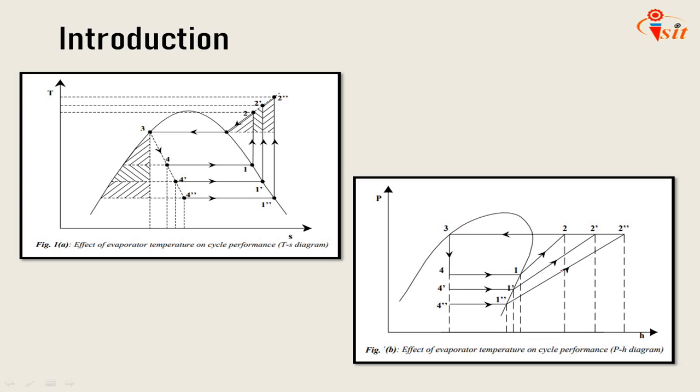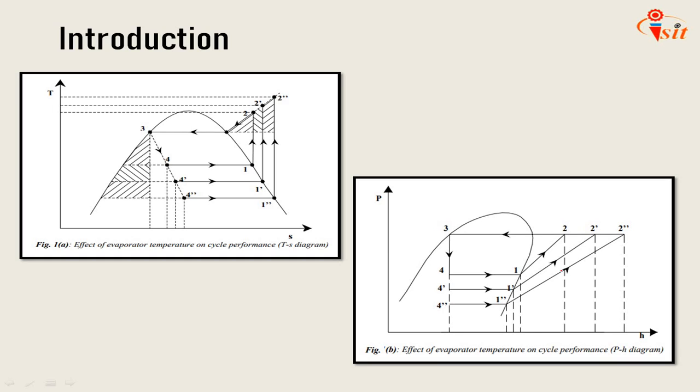However, there are many applications where the temperature lift can be quite high. The temperature lift can become large either due to the requirement of very low evaporator temperatures and or due to the requirement of very high condensing temperatures.